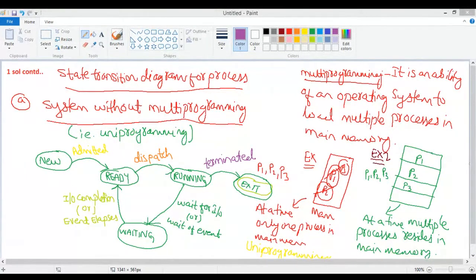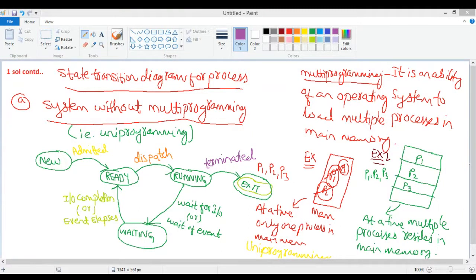Please give me the answer. So you got the question? In uni-programming, can a process transit from waiting to running state? Now see the diagram.